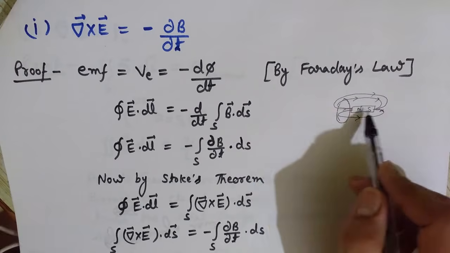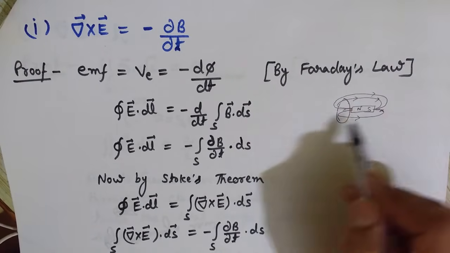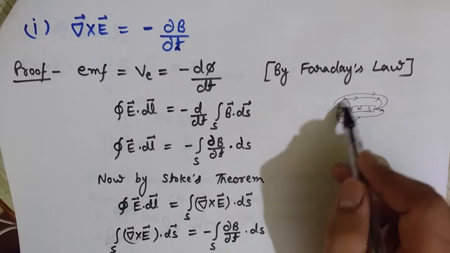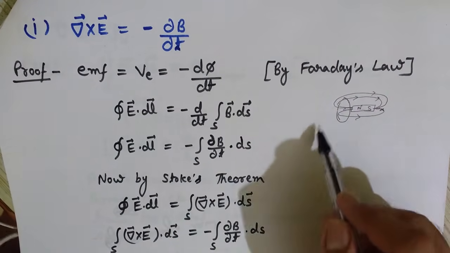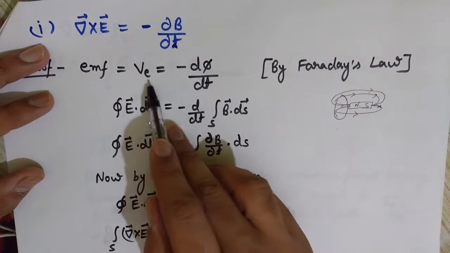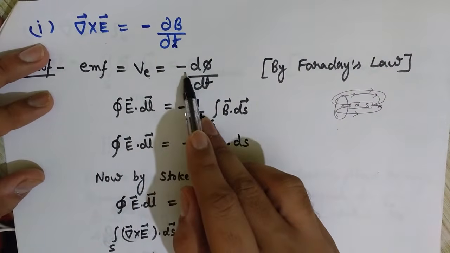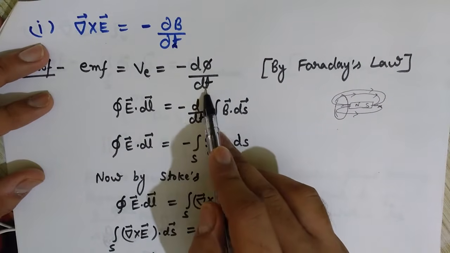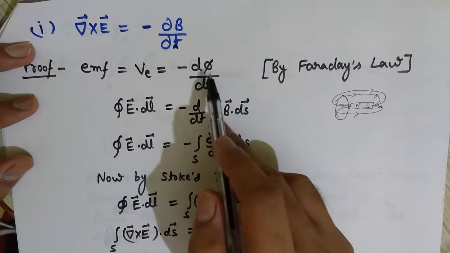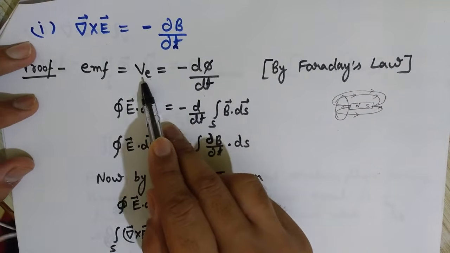When I move this magnet inside and outward of it, then there is a change in the flux inside this loop, and because of this EMF is induced in this loop. So according to this, induced EMF equals minus d phi by dt, the rate of change of flux. The more the change in flux, the more the induced EMF.